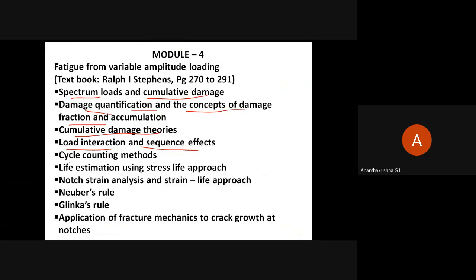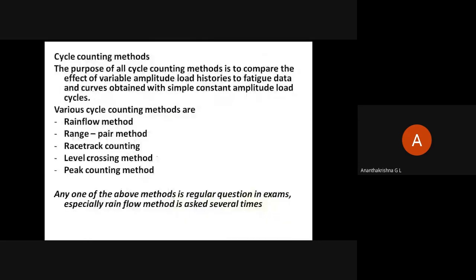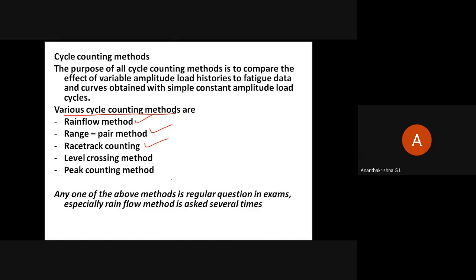Definitely in cycle counting methods, you have various methods like rainflow counting, peak counting method, and so on. When you come back to that, I'll take you through it. So here you have various cycle counting methods: rainflow method, range pair, racetrack counting method, peak counting method, and level crossing method.